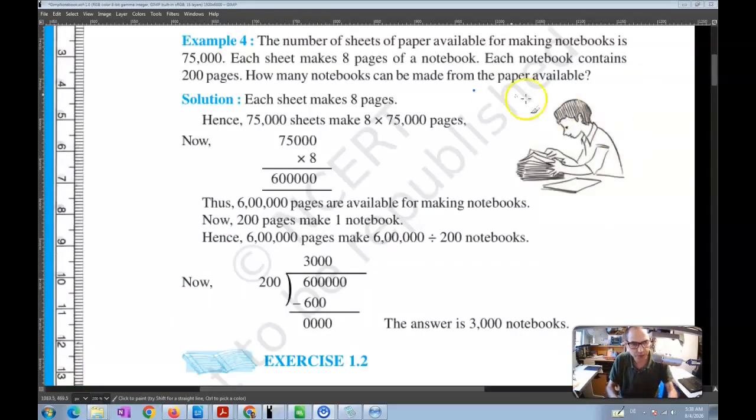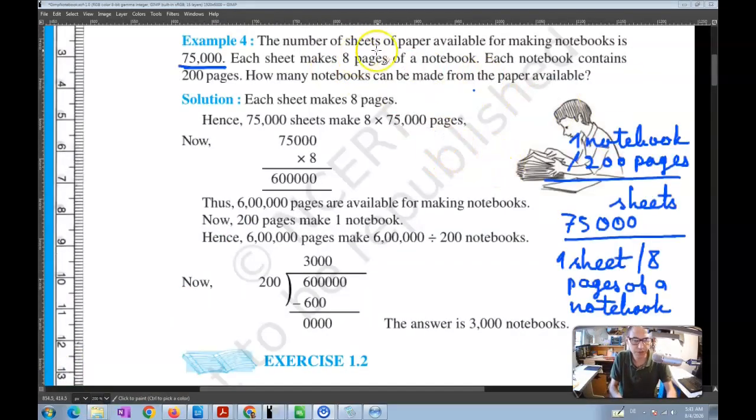Okay, so the next question. The number of sheets of paper available for making notebooks is 75,000. So that means we have 75,000 sheets of paper available, right? Each sheet makes 8 pages of a notebook, so that means one sheet per 8 pages of a notebook.